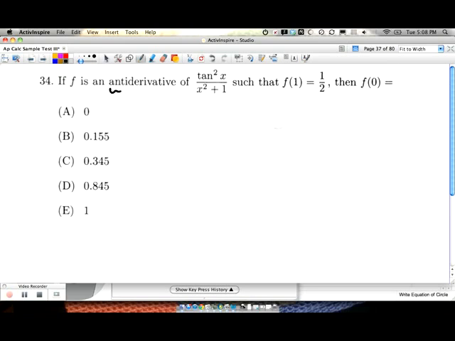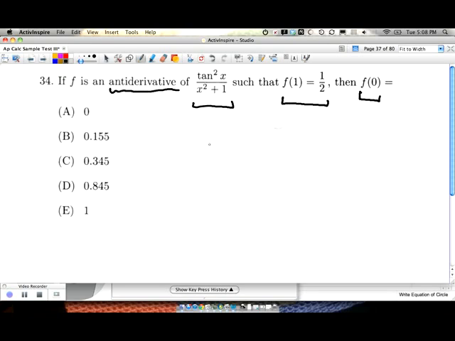If f is an antiderivative of this, such that f of 1 is 1/2, then f of 0 equals, ooh, this is interesting.